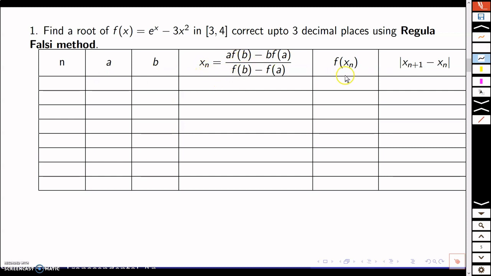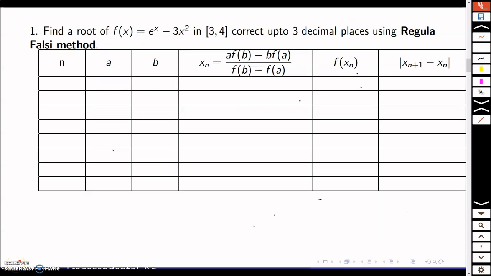Then I will find the value of the function at the point x1, and this will tell me the level of the accuracy, where I have reached, at what stage, right? So when this difference becomes less than 0.001, I'm going to stop, and that will be my approximate root. Okay, so that's how this method works. So we will solve this problem using regula falsi method.